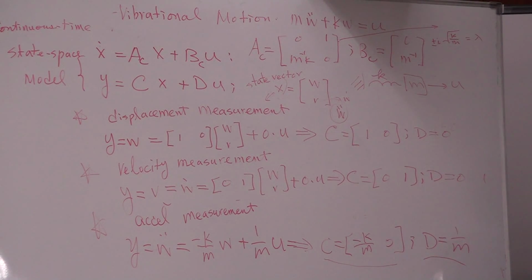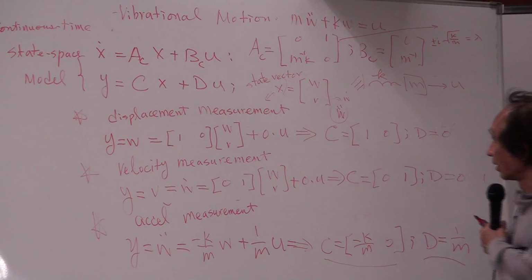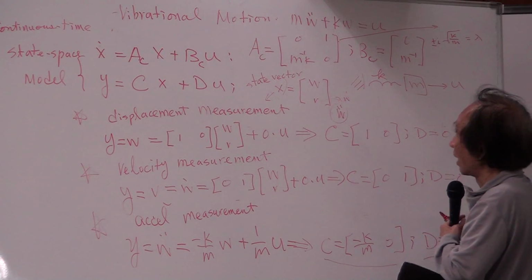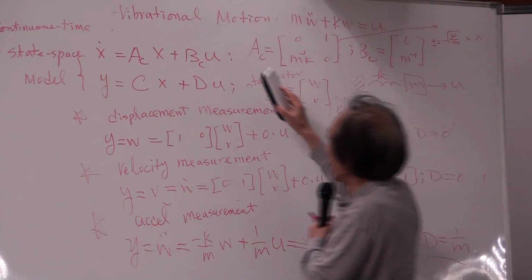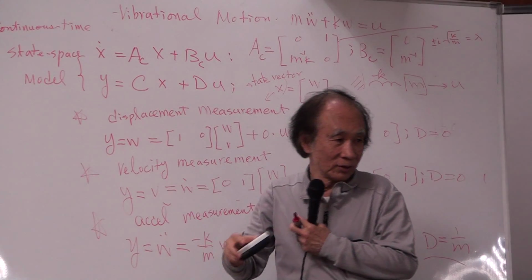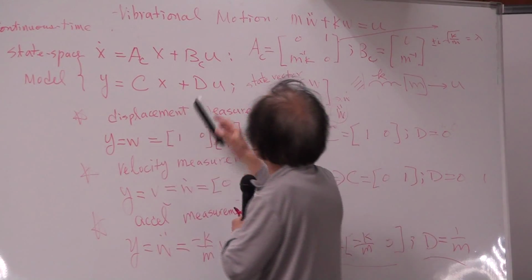Another one: vibration motion with damping. That's even more interesting. Again, I'm not going to erase this, I'm going to change this. We just keep adding the term. This is with damping.